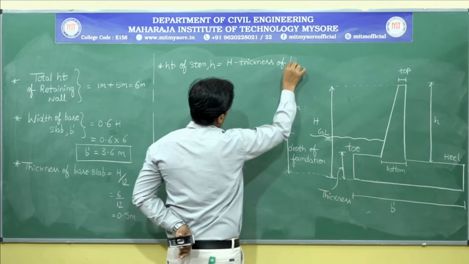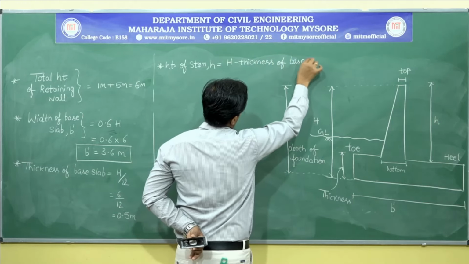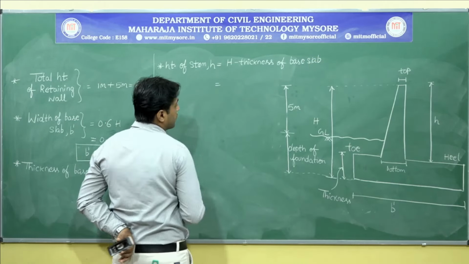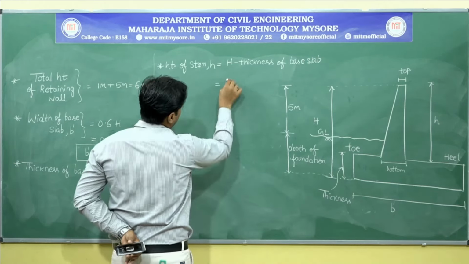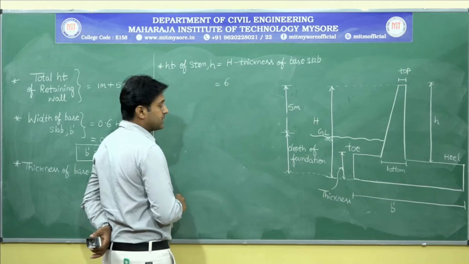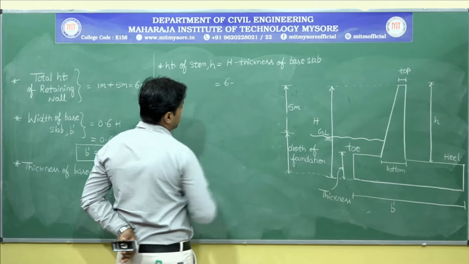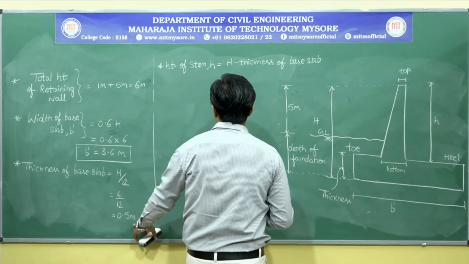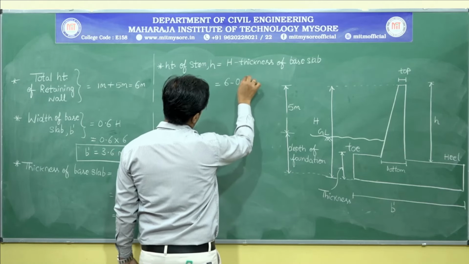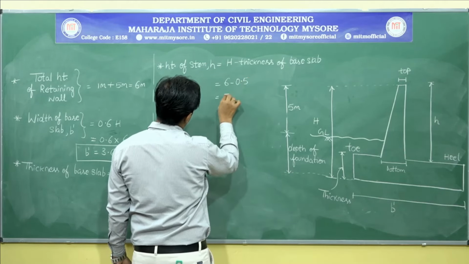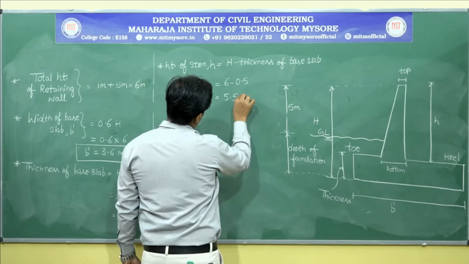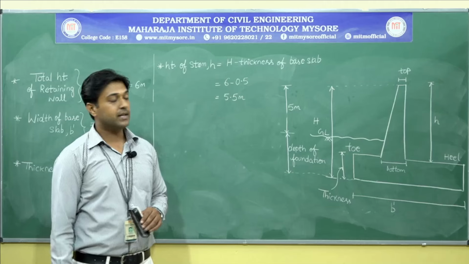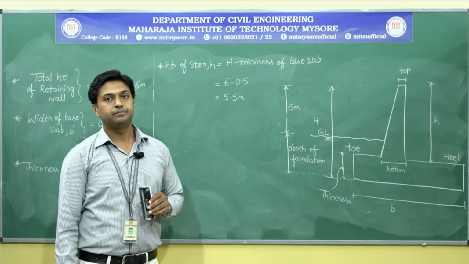What is the total height? We already calculated it: 6 meter, minus the thickness of base slab that we calculated, 0.5 meter. So 6 minus 0.5, that is 5.5 meter is the height of the stem.